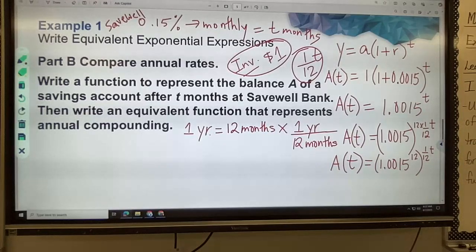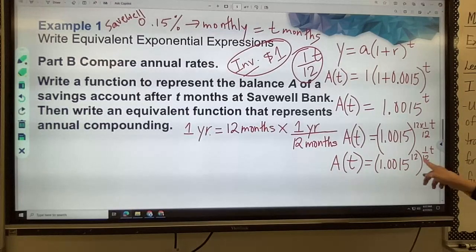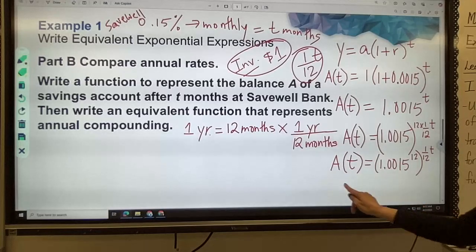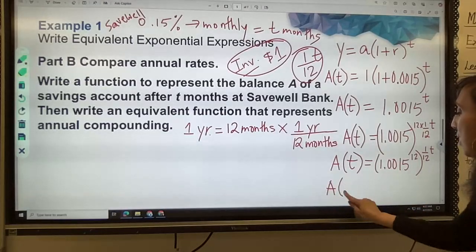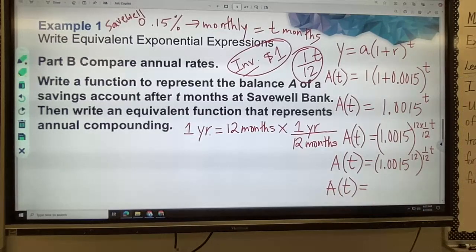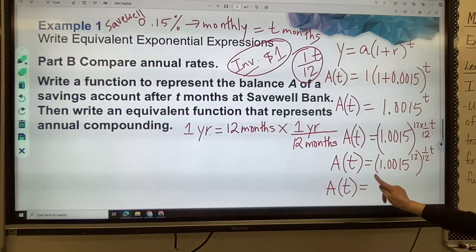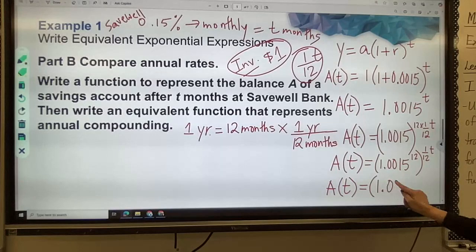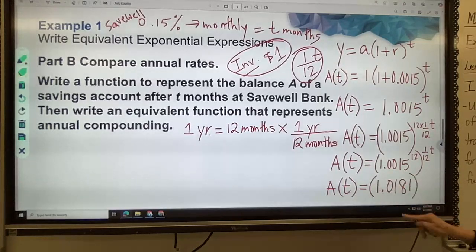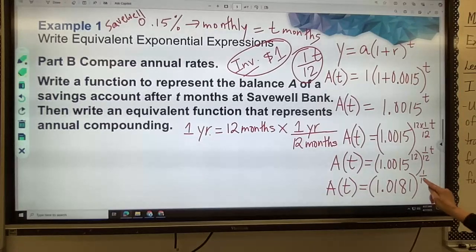Okay, and then when I solve this part with a calculator, I am going to get a of t is equal to 1.0181, and then this is raised to the 1/12 t power.